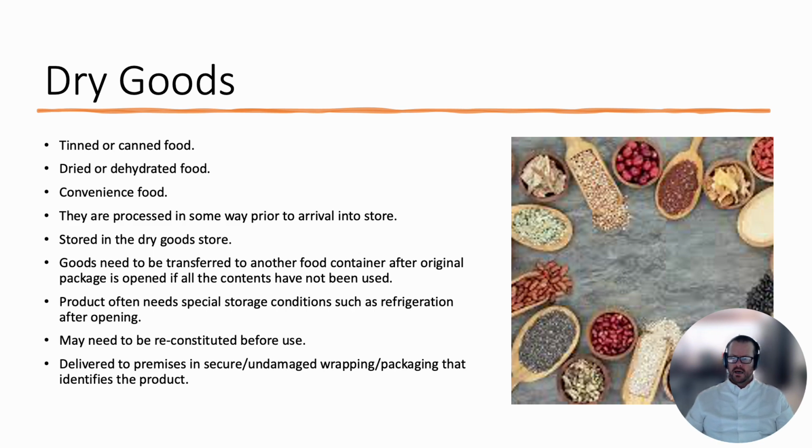Depending on where you work, I knew a chef once that ran a health conscious focused cafe, and he used to buy his dry good products in 50-kilo bags. I'm talking about chickpeas and flour, whatever it was. And he would then bring that in and transfer it into smaller containers.